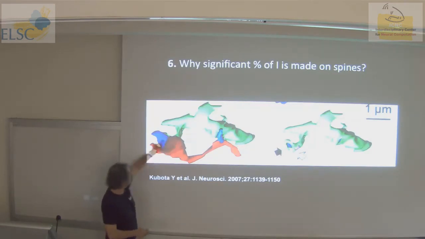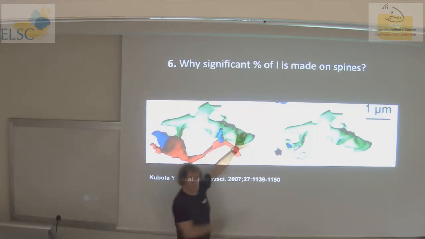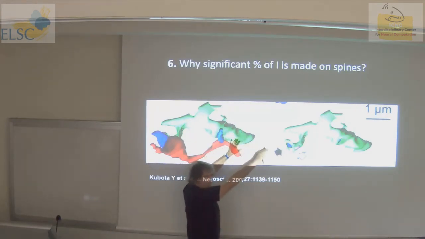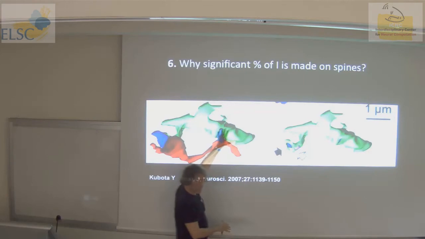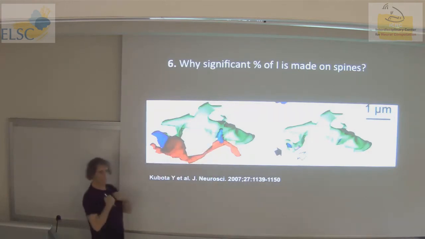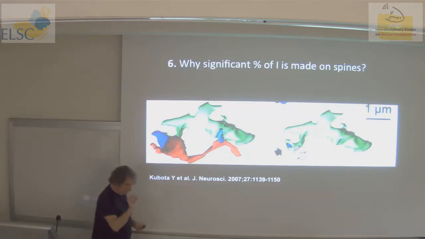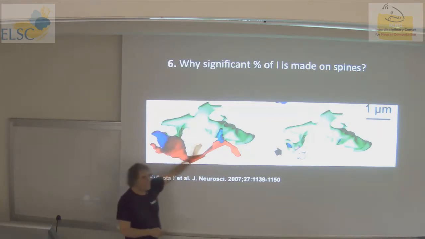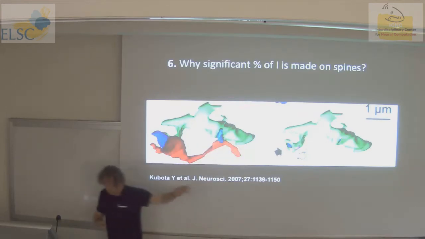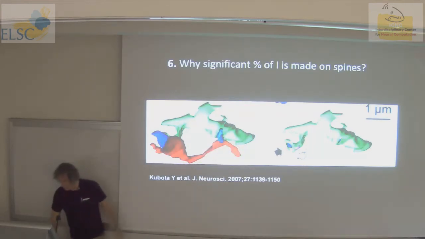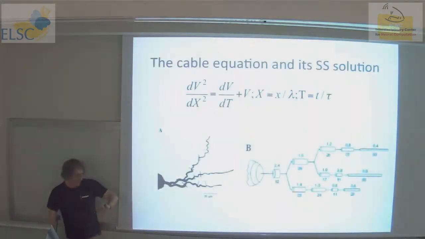Then the same axon makes synapses on the shaft elsewhere on the same neuron. So it's not that this axon makes sure it always contacts only spines. Anyway, these are the questions.